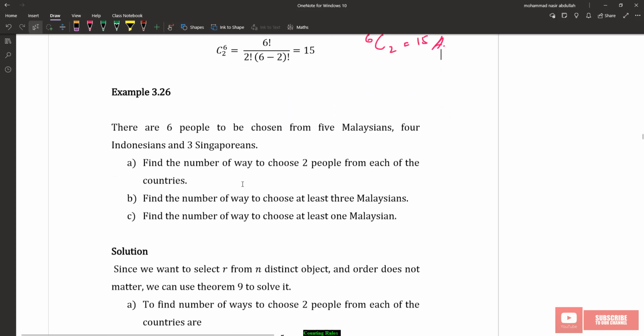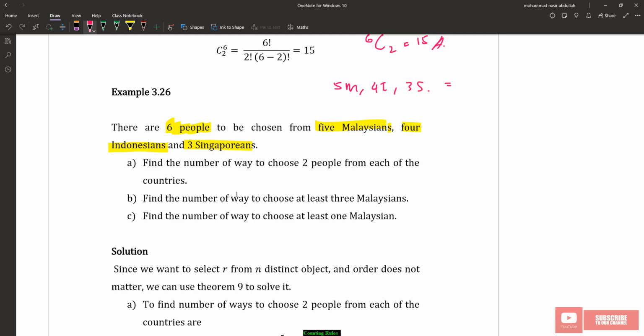Now let's look at example number 3.26. There are 6 people to be chosen from 5 Malaysians, 4 Indonesians, and 3 Singaporeans. So the total here is 5 Malaysians, 4 Indonesians, and 3 Singaporeans.